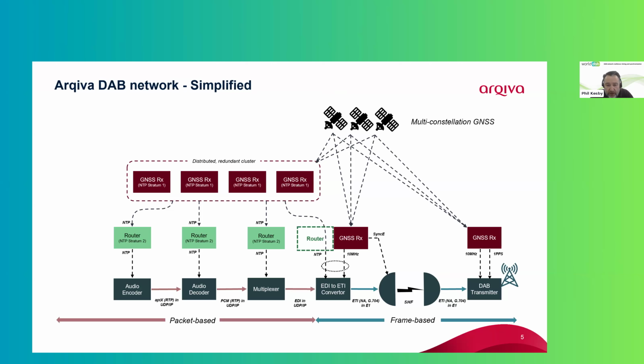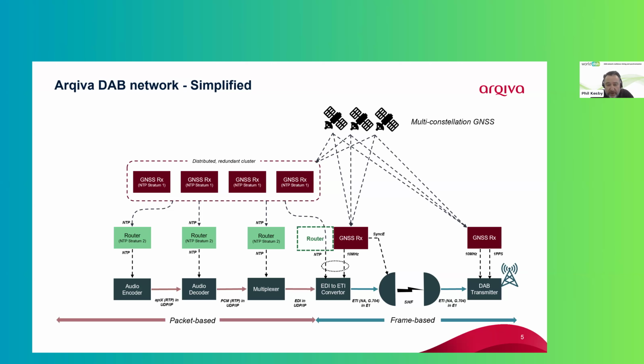However, what we found throughout our type approval process is that on the EDI to ETI converters, we really wanted a second interface because of the crucial part they play in the distribution from the multiplexer to the transmitter network. We wanted a second clocking interface into the EDI decoder. So we worked very hard with one of our manufacturers to develop a conditioning algorithm based on NTP.